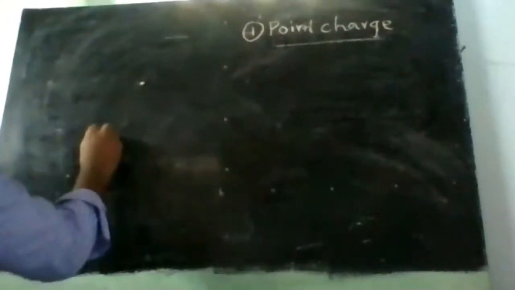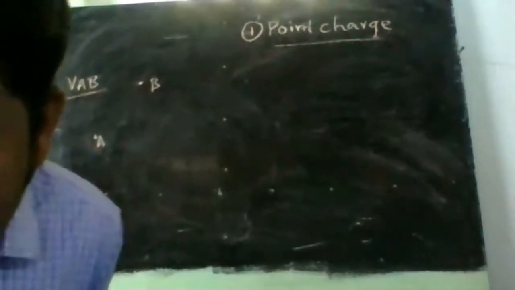Sorry, before this, one very important point that I forgot to tell: note down this point. The potential difference between the 2 points A and B, that is VAB, does not depend on the path. It only depends on the end points. So the potential that we calculate never depends upon the path.